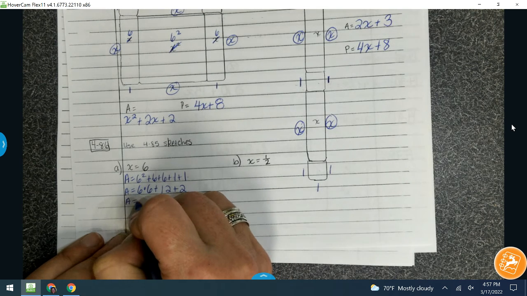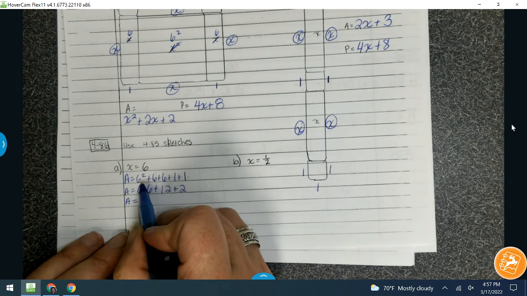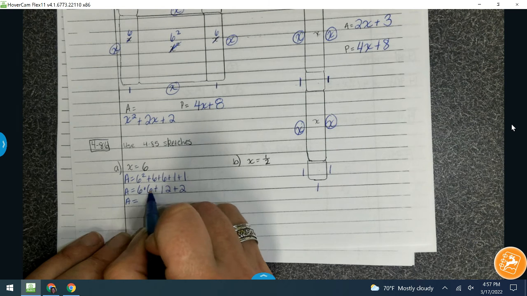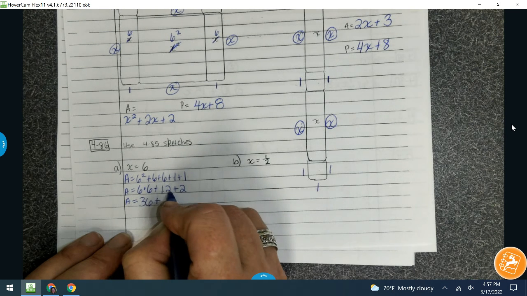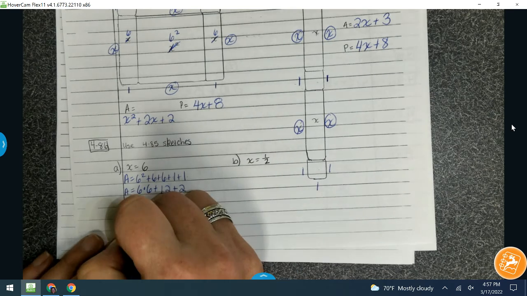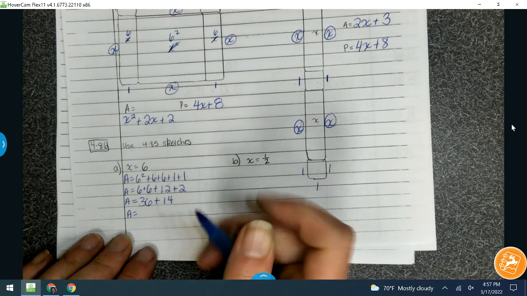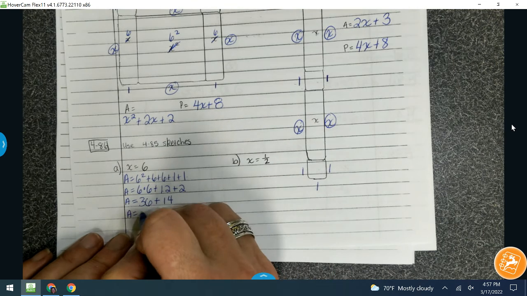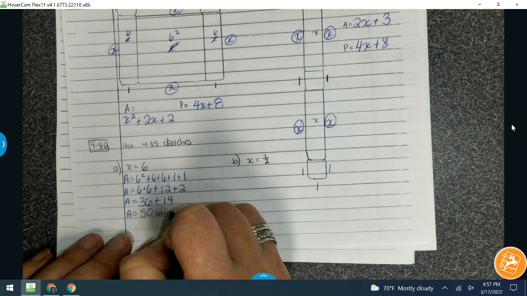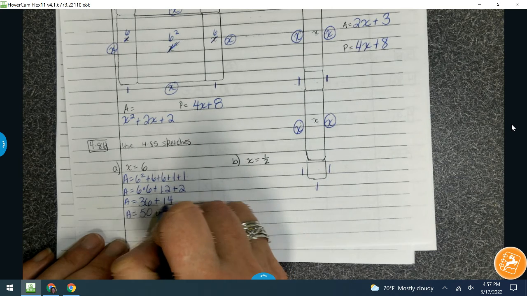I'm just dealing with terms, term by term. So I have 6 times 6, which is 36, plus 12 plus 2, which is 14. So my area for 6 is 50 units squared, or 50 square units.